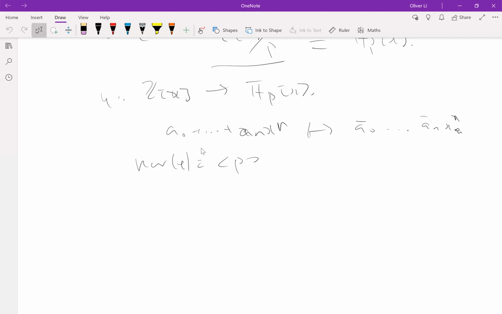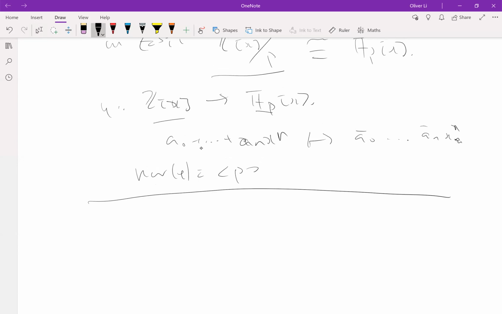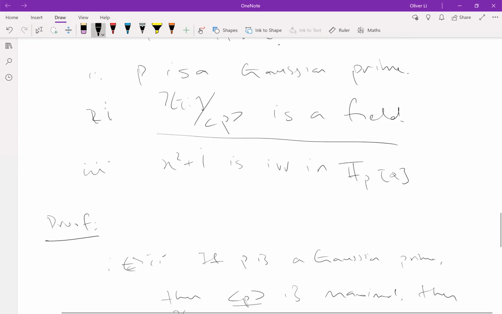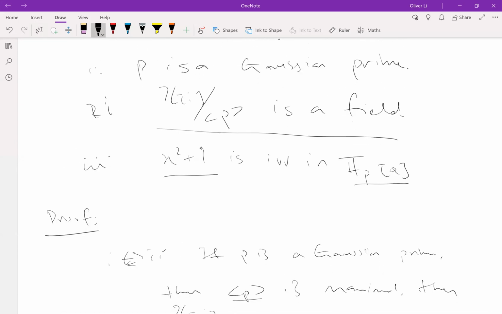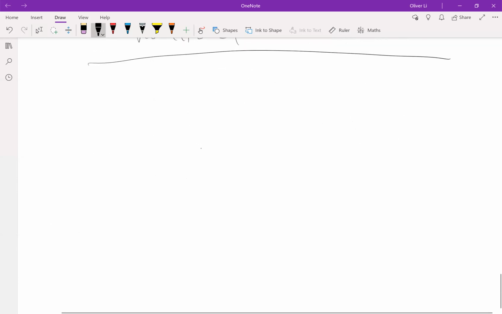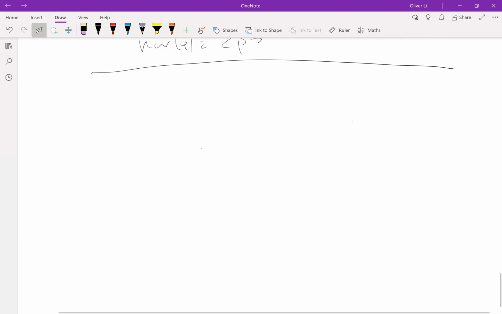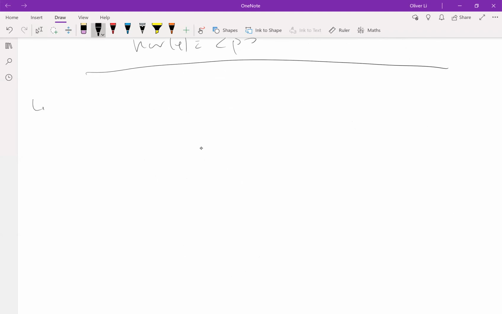So we defined now. Basically, this thing and this thing are isomorphic. Therefore, this thing quotient by this thing is simply this thing. So our next lemma is: let p be an odd prime.